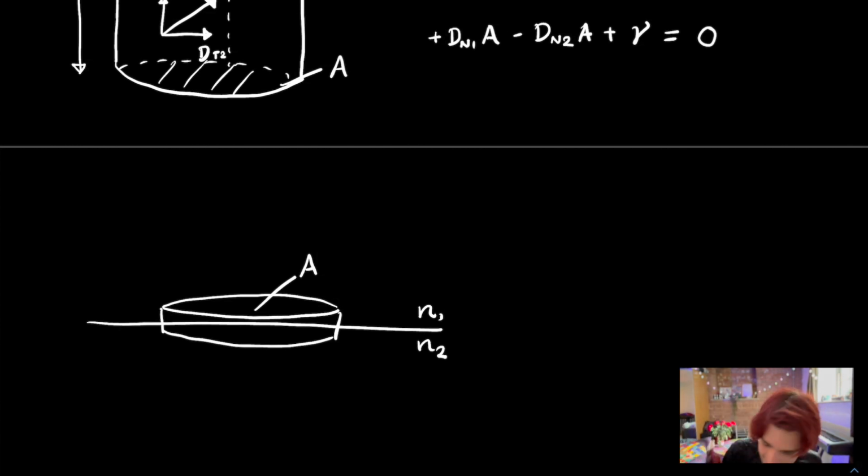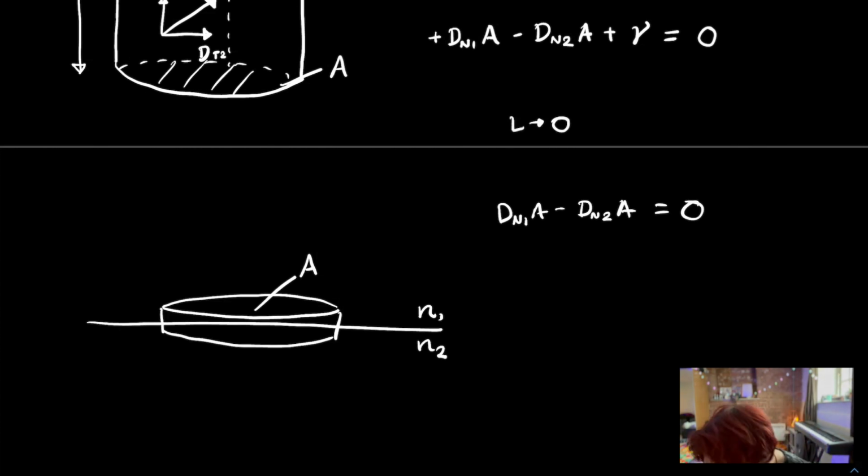And so as the height of the cylinder tends towards 0, we get the limiting case that dN1 times A minus the normal component of D in medium 2 times A is equal to 0. So that's what happens as L tends towards 0. And this will still have the same behavior of the electric displacement field.